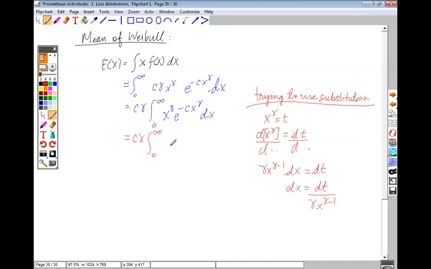Perfect. And what should I write here? t into e to the power minus ct into dt upon gamma into x raised to gamma minus 1. And now what should I do? We can cancel out the gammas. Yep.